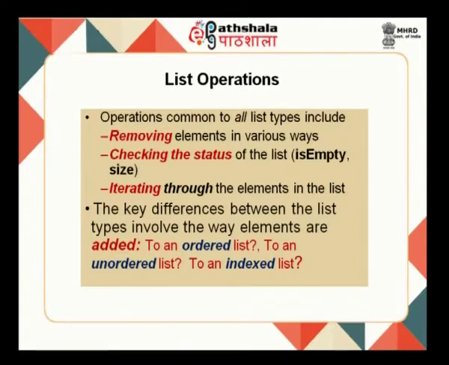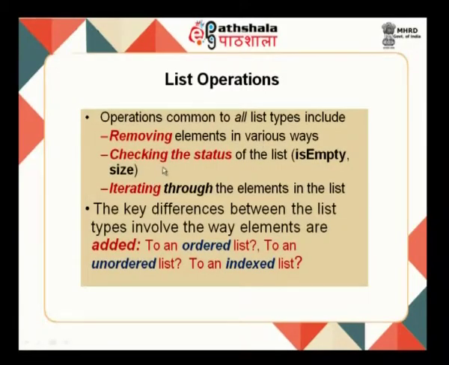When I say insert into an ordered list, it means something different from insert into an unordered list, and different again from insert into an index list. And the applications that use these lists are also different.